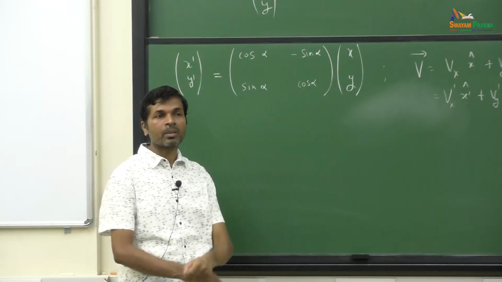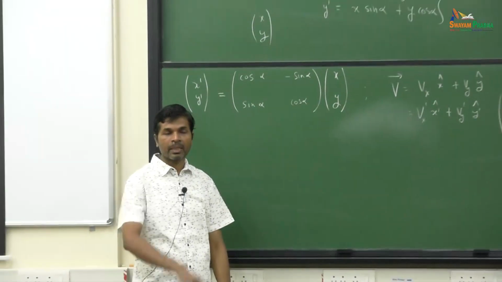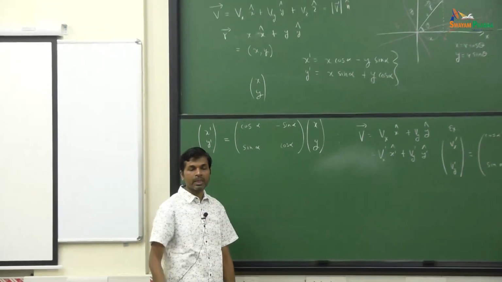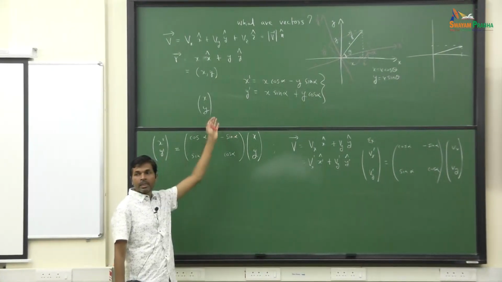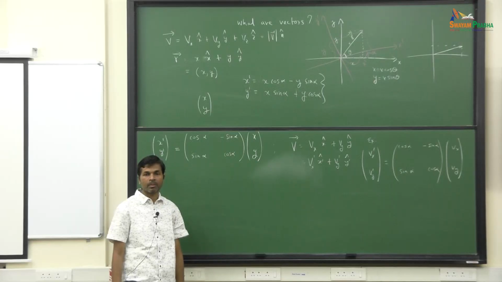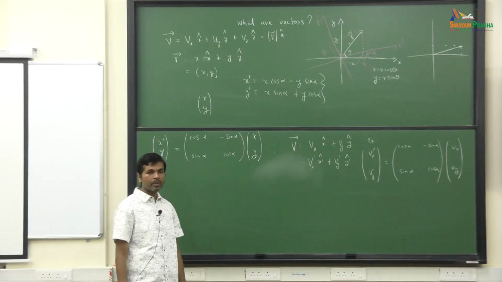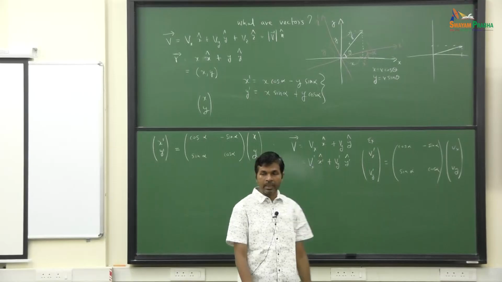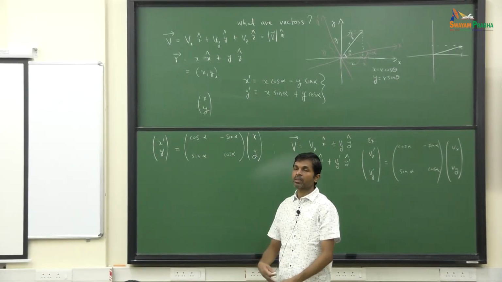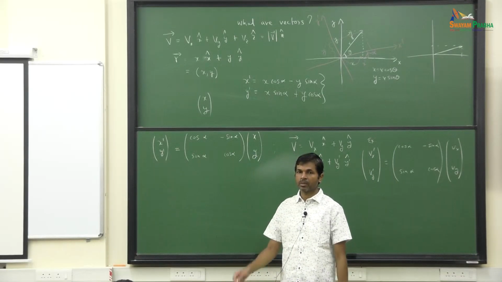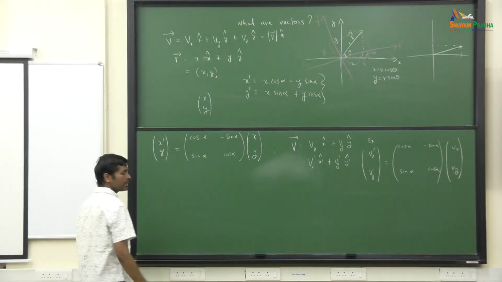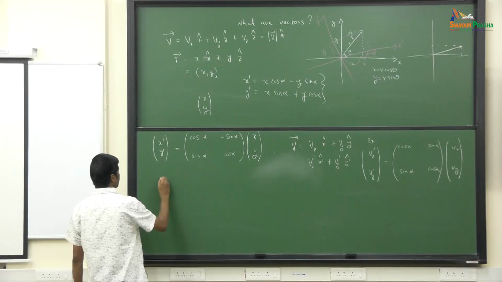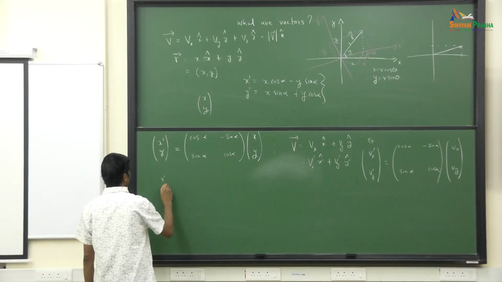You can keep the y-axis fixed and then rotate the z-x plane, so that will have a relation very similar to that. You can keep the x-axis fixed and rotate the y-z plane. These 3 rotations you can write in a straightforward manner, x prime, y prime, z prime.